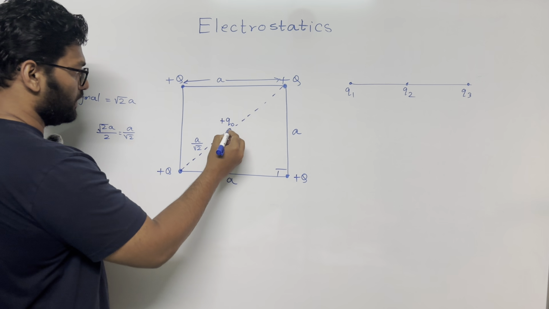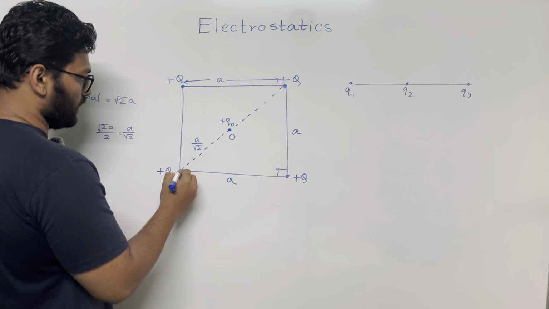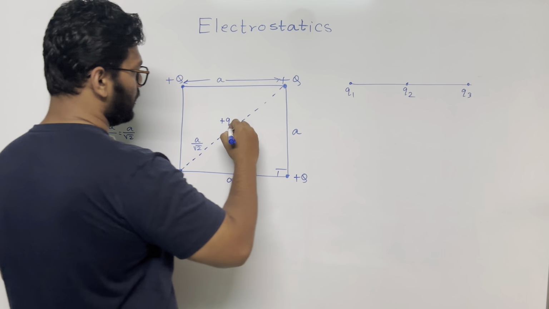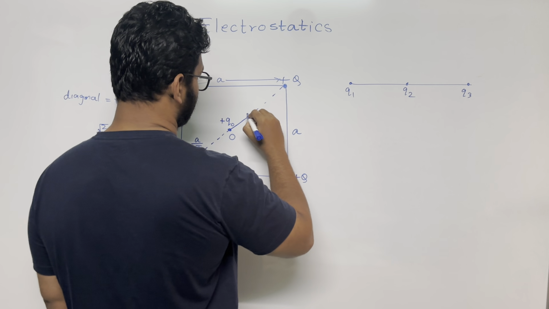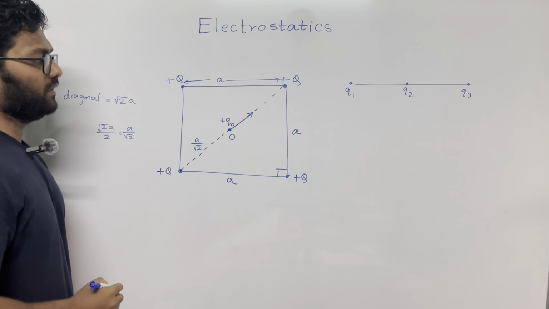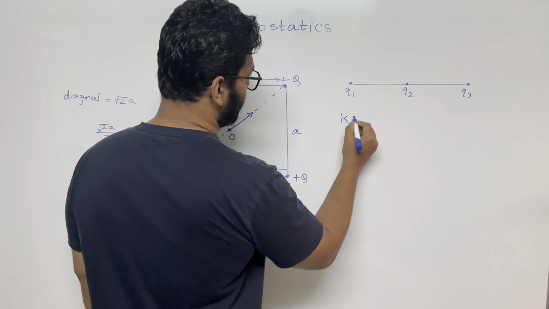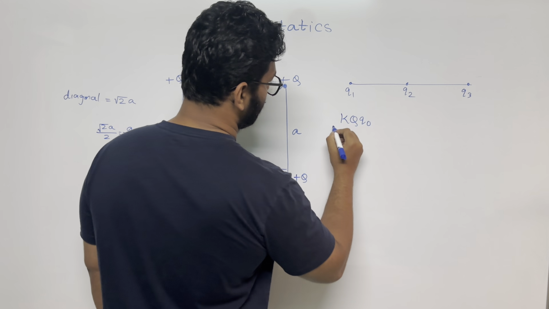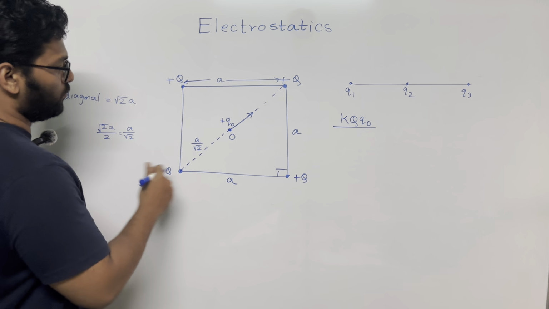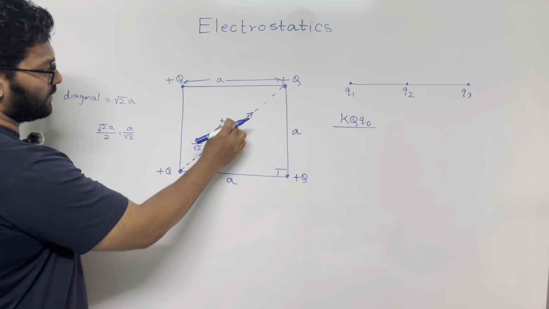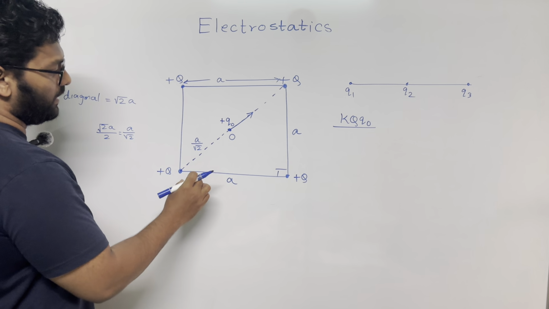Now the force between this q0 charge and plus q will be a repulsive force, that is in this direction, right? If you want to find out that force, it will be kq0 by a by root 2 whole square, because the distance between the two charges is a by root 2.